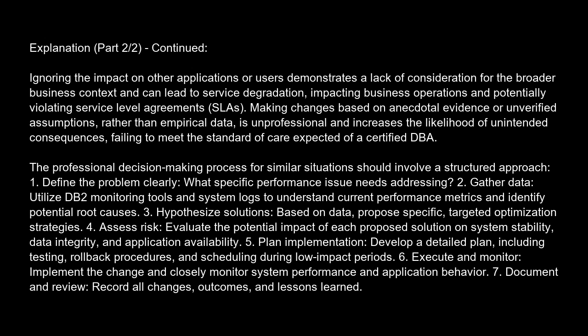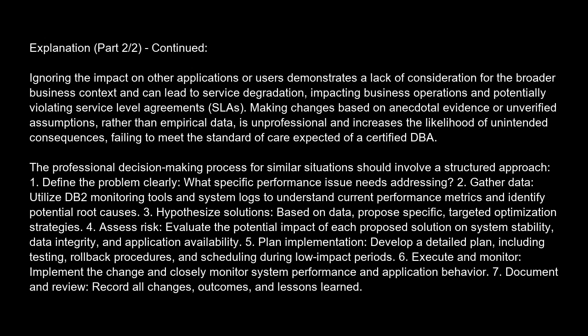The professional decision-making process for similar situations should involve a structured approach. 1. Define the problem clearly. What specific performance issue needs addressing? 2. Gather data. Utilize DB2 monitoring tools and system logs to understand current performance metrics and identify potential root causes. 3. Hypothesize solutions. Based on data, propose specific, targeted optimization strategies. 4. Assess risk.